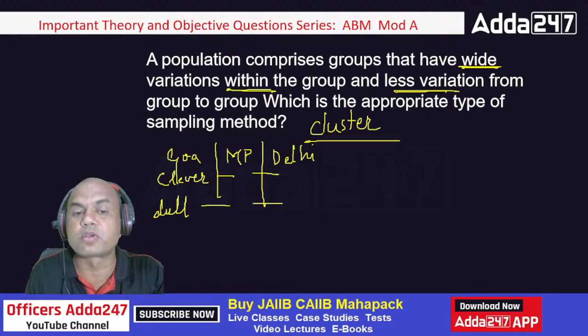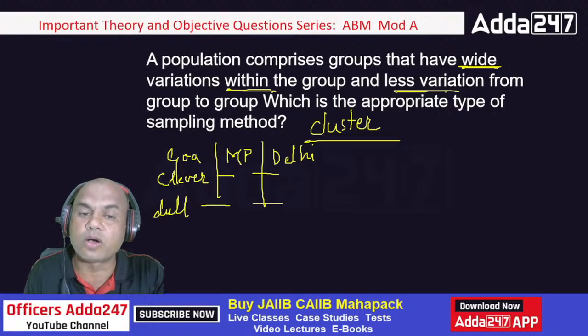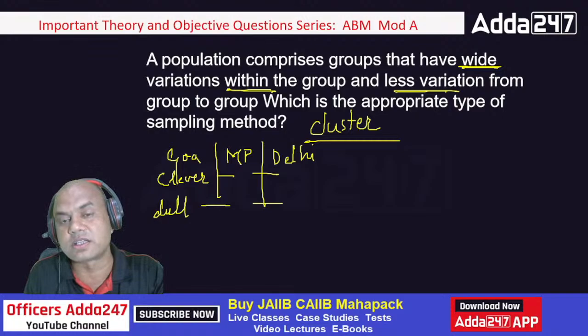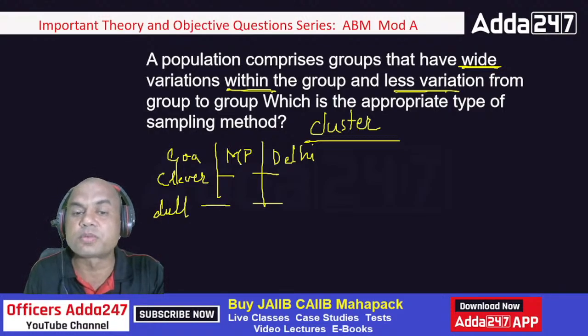Goa also has clever students and MP also has clever students, Delhi also has clever students. Similarly, Goa also has dull students, MP also has dull students, Delhi also has dull students. So across different groups, the variations are less, and within a single group, the variations are more. That is known as cluster.